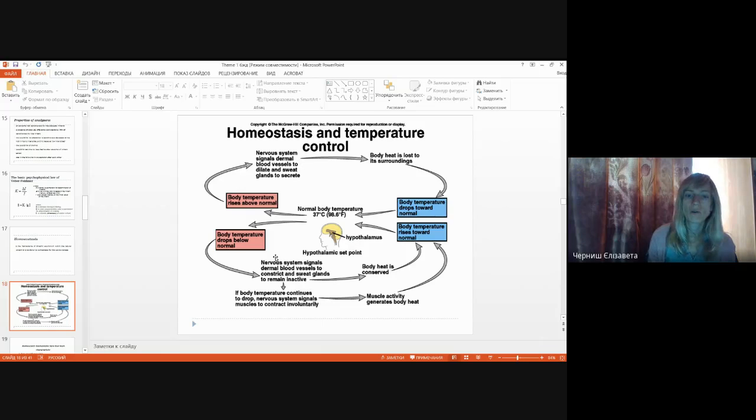These functional elements can provide some constant condition in our body. So this is an example of homeostasis control, which includes temperature control.